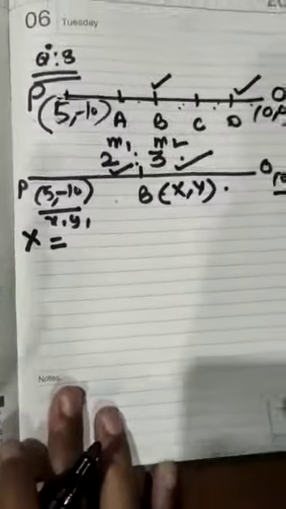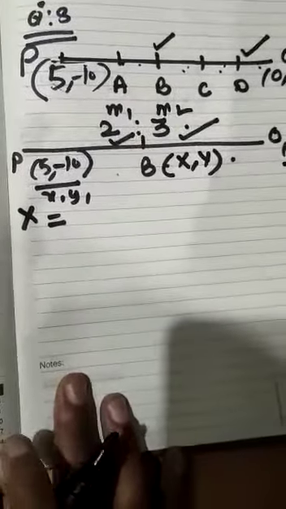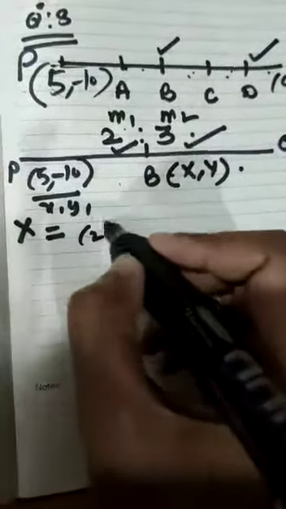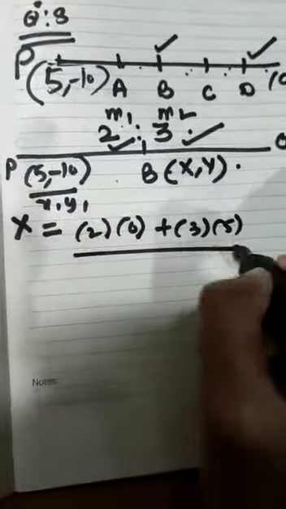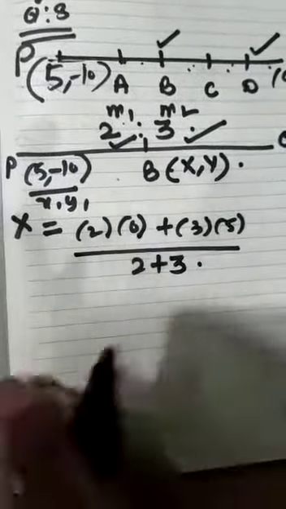X is equal to, this is m1, m2, x1, y1, x2, y2. Now look, X is equal to (m1 x2 + m2 x1) over (m1 + m2).